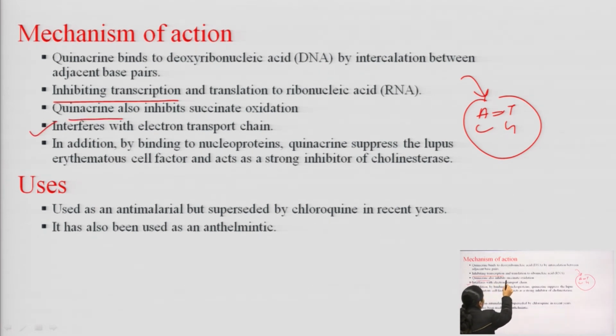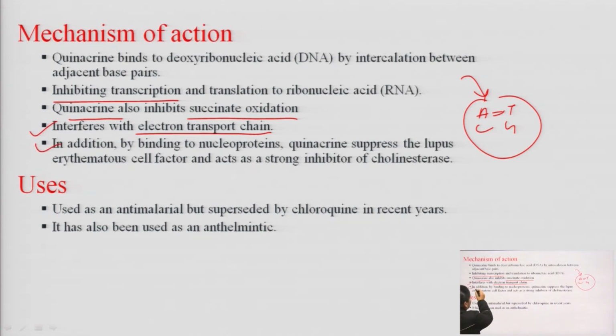Quinacrine also inhibits succinate oxidation and interferes with the electron transport chain. The electron transport chain is the last step where NADH and FADH2 get oxidized to form ATP, that is adenosine triphosphate.